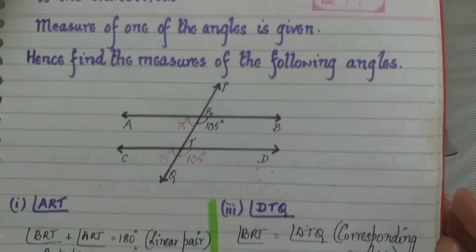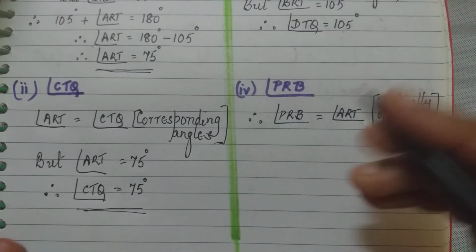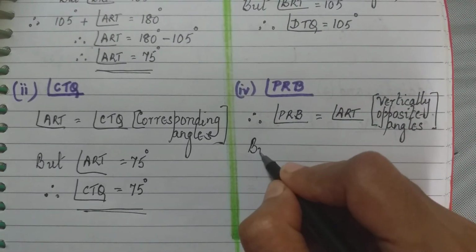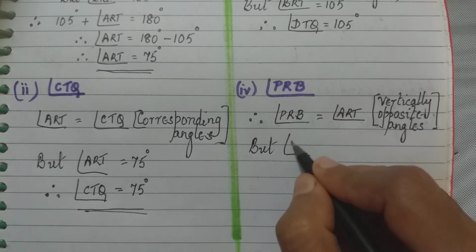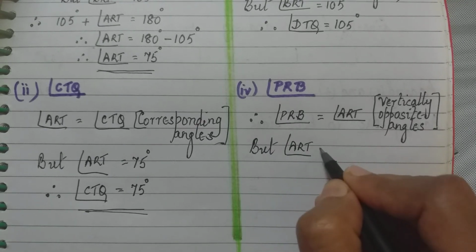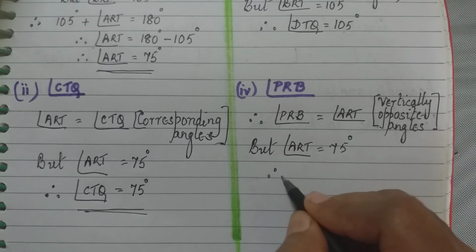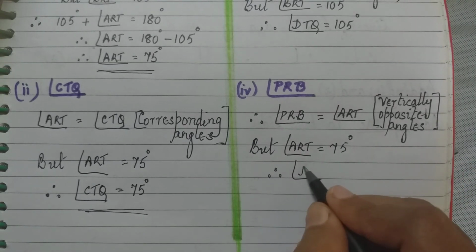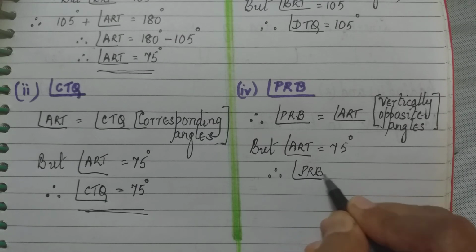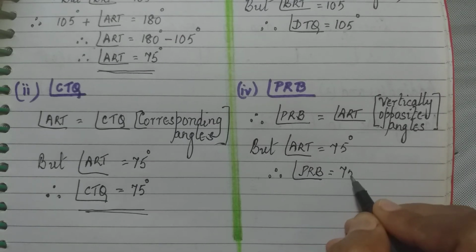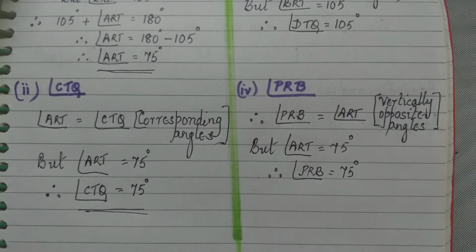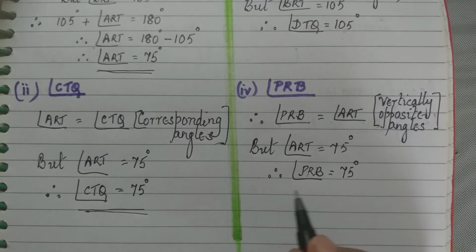But angle ART we already found is 75 degrees. Therefore, angle PRB also is equal to 75 degrees. So we have found the measures of the four angles which were required.